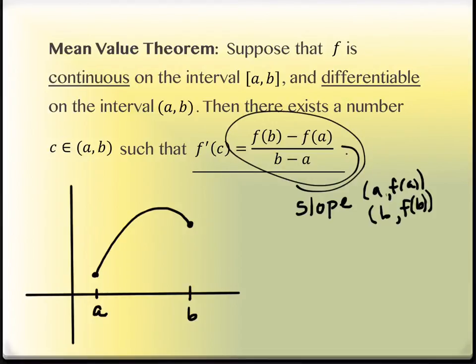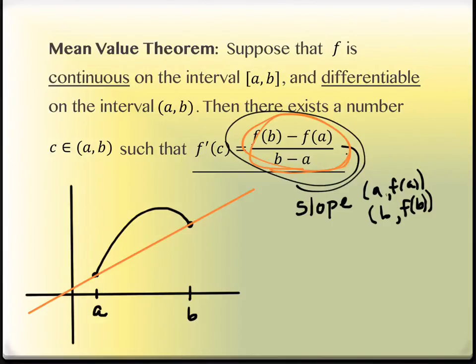So if I were to draw this line, and calculate its slope, that's what this quantity is saying. This fancy quantity is just the slope of that orange line. That's what the right-hand side says.